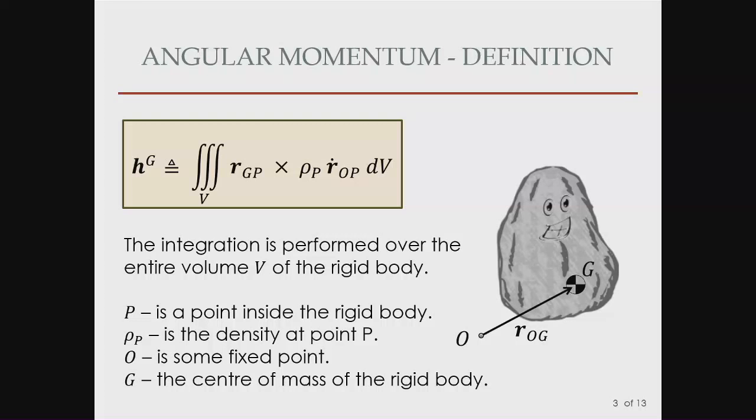And now if we want to find the angular momentum of the entire rigid body about this point G, we would sum across all of these points P in the rigid body. So we will integrate over the volume.